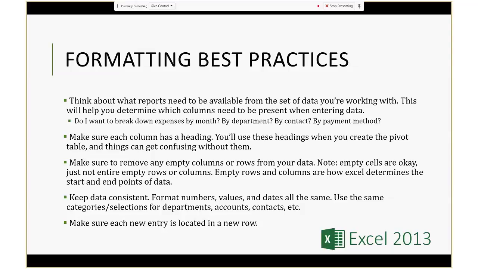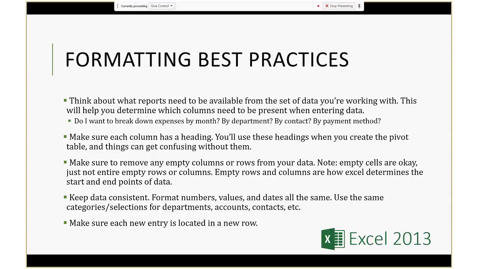Something else is to keep your data consistent. Format any numbers, dates, or values all the same. Also, try to use the same categories or selections for the names of departments, accounts, and contacts, and this will give you the most accurate reporting on that data set.